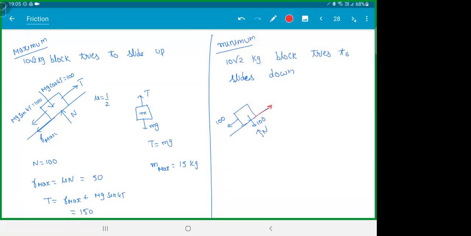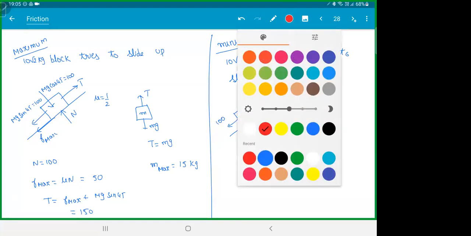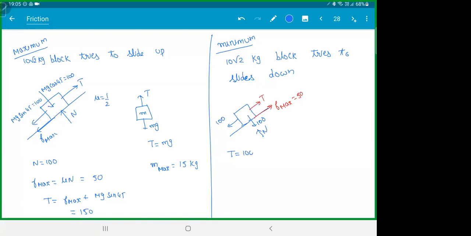The friction will be upward, F max. This is your tension. So this time tension will be 100 minus 50, 50 newtons. And if you take the small block, we get tension, and this is mg. So T is equal to mg and m is equal to 5 kg. So the answer is the value of m should lie between 15 kgs and 5 kgs. Any value between them, you are safe.